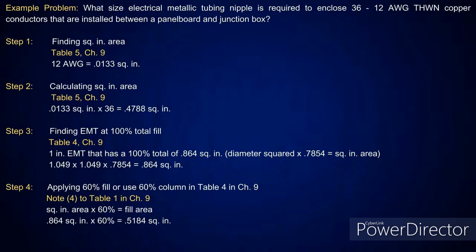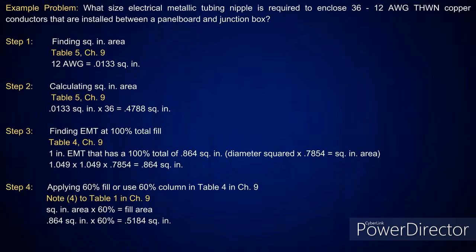This was based on the information in Table 4, and you'd square it and multiply by 0.7854 to know what the square inch was.